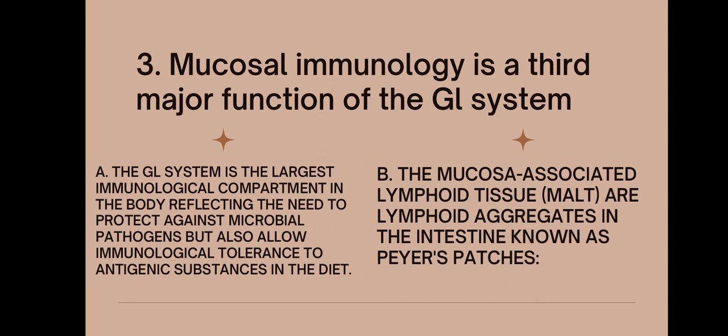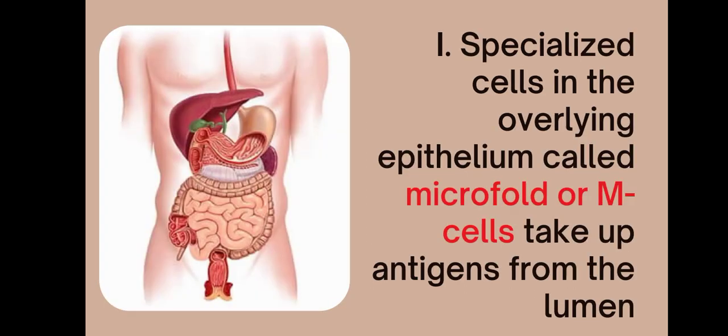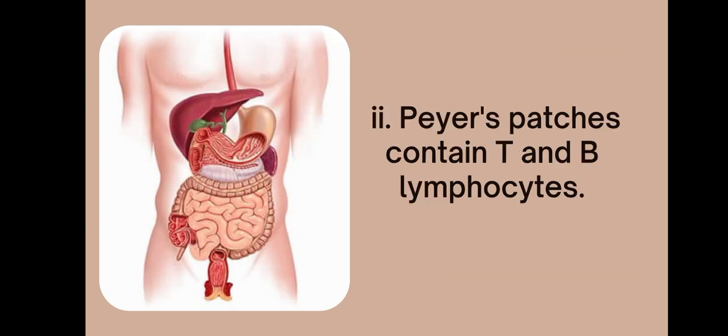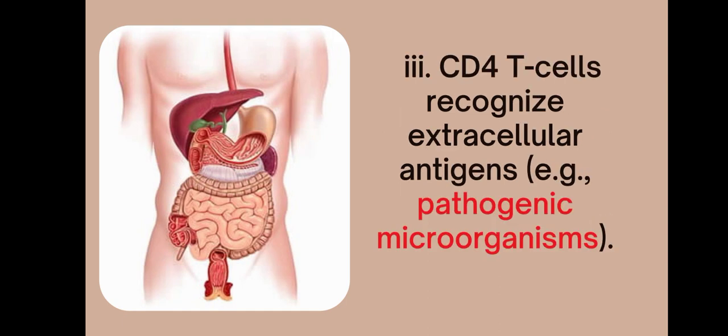B. The mucosa-associated lymphoid tissue or MALT are the lymphoid aggregates in the intestine known as Peyer's patches. First, specialized cells in the overlying epithelium called microfold or M cells take up antigens from the lumen. Second, Peyer's patches contain T and B lymphocytes.